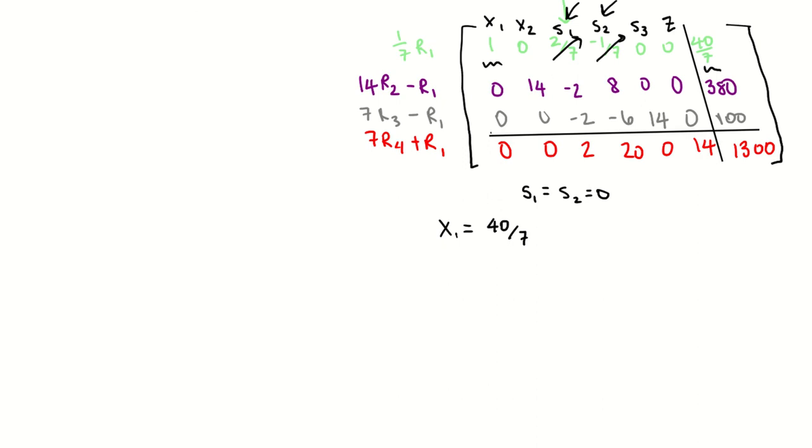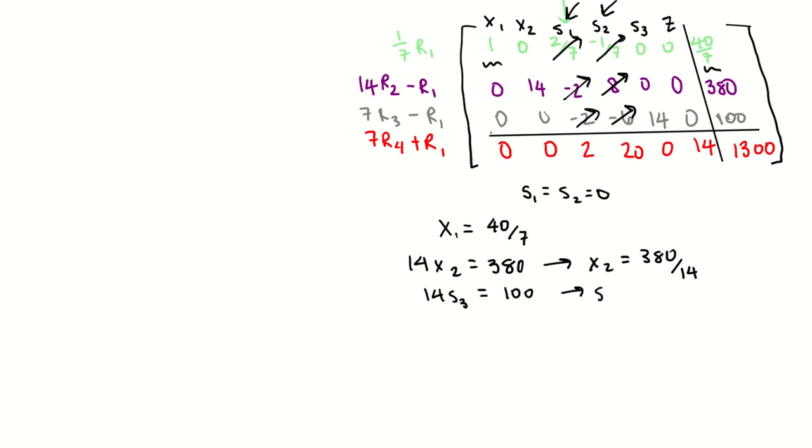From this second row, since these two are equal to 0, we know that 14x2 is equal to 380, or that x2 is equal to 380 over 14. From the third row, we know that 14s3 is equal to 100, or that s3 is equal to 100 over 14.